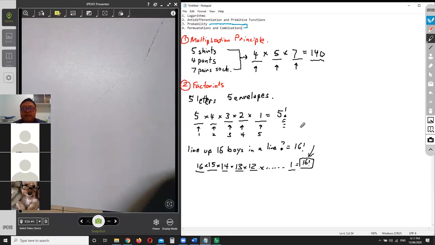And that represents the number of arrangements. Now, I'm going to focus on this word very, very carefully. Arrangements, okay? When you've got an arrangement, it's the number of ways that you can arrange things so that order is going to matter.